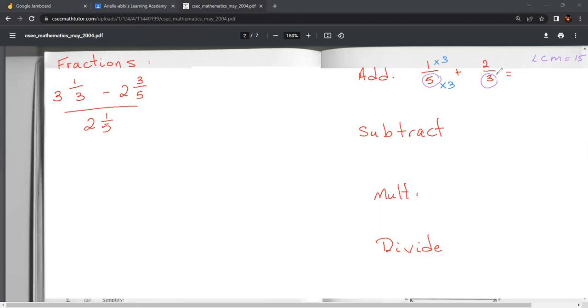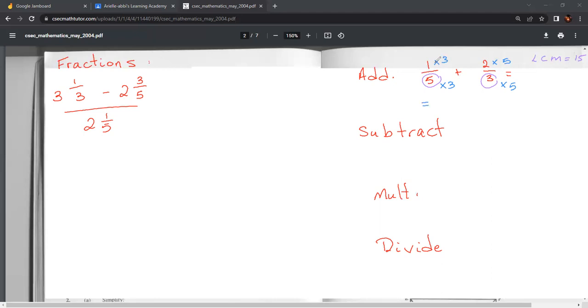Then I ask myself, what do I do to the 3 to make it 15? 3 times 5 will give me 15. Whatever you do to the bottom, I must do it to the top in order to form equivalent fractions. So whatever I did to this one to make it 15, I did to the top. Whatever I did to this one to make it 15, I did to the top.